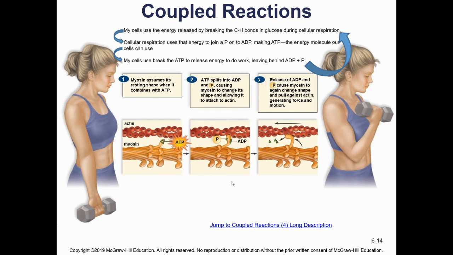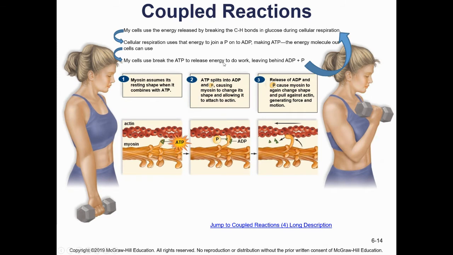That released energy is used to join a phosphate onto ADP to give me ATP. That's my energy currency for my cell. That's the molecule my cell can use to do work. And the way it does that is by breaking off that third phosphate and releasing energy and doing work.